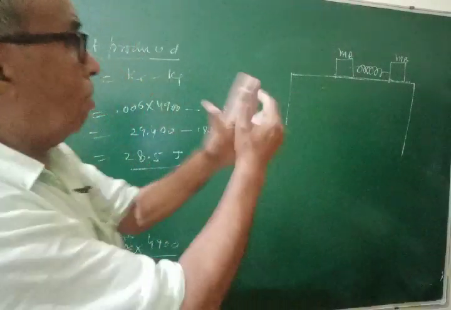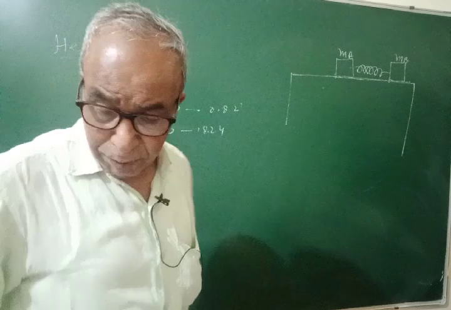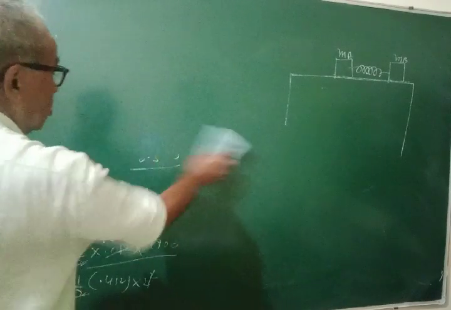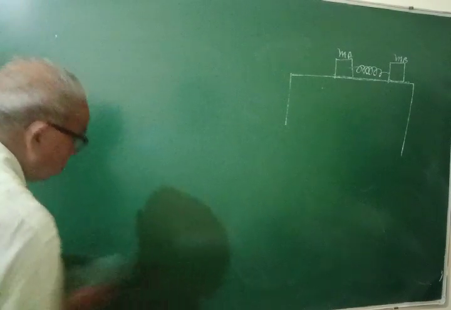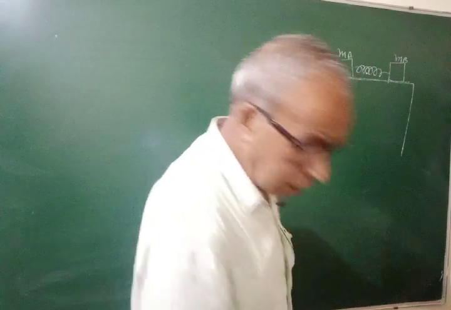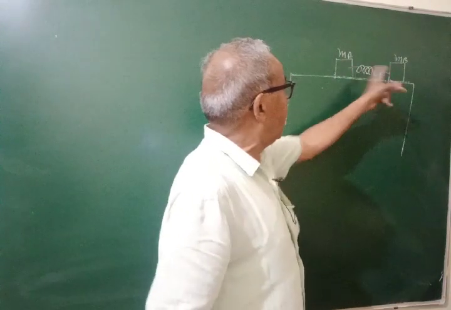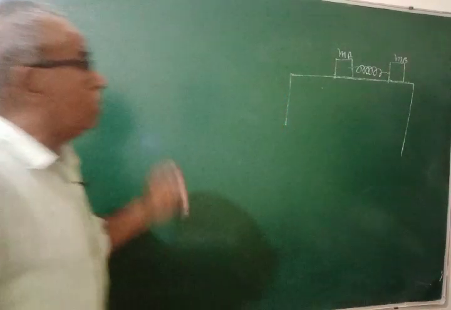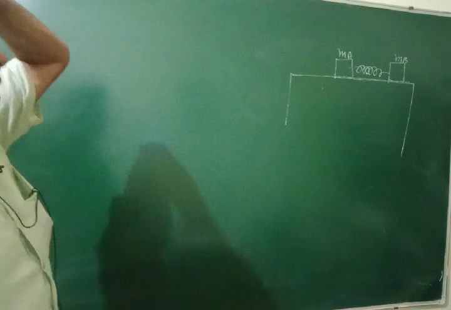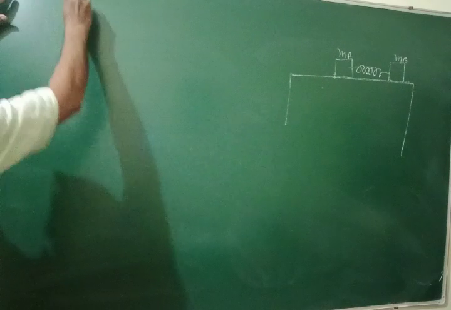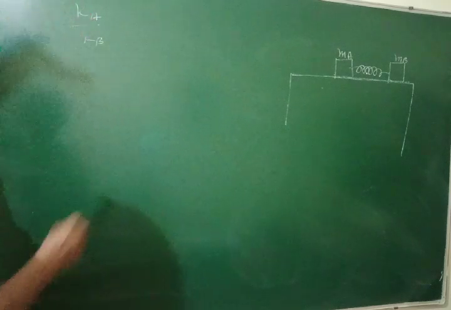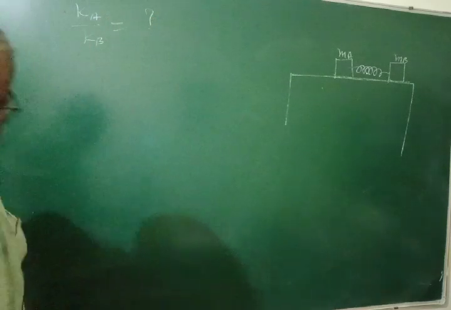Now when we release the masses, he asks you to find the ratio of kinetic energy. You are not given the spring constant or anything else. Simply you are given masses A and B connected by a compressed spring. If it is released, we have to find the ratio of kinetic energy, Ka upon Kb, the kinetic energy of A and of B. How much will that be?